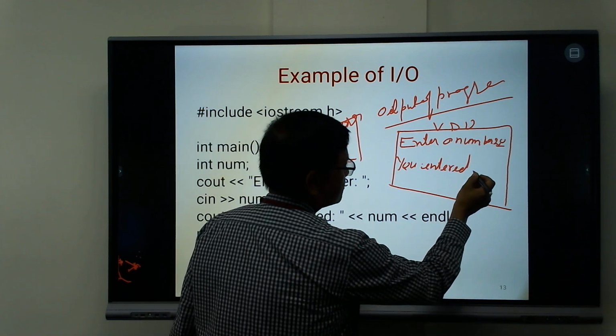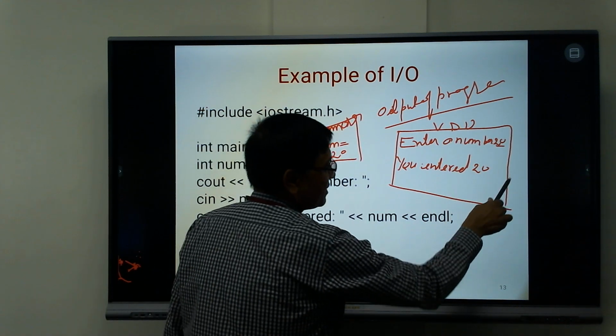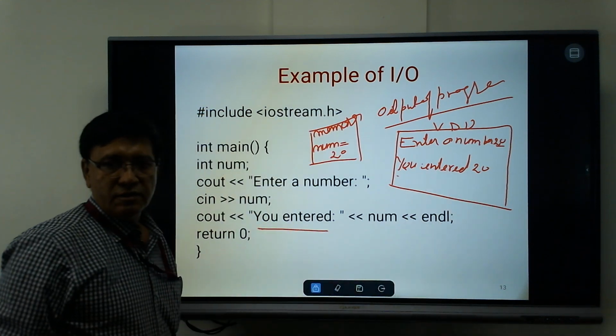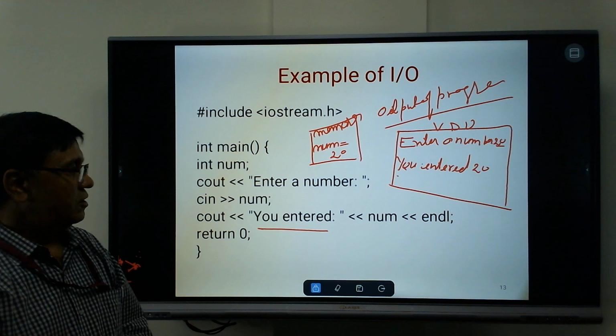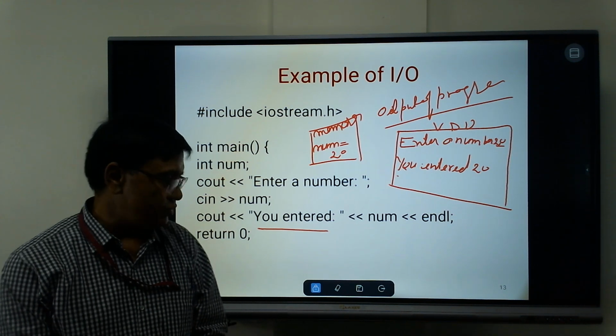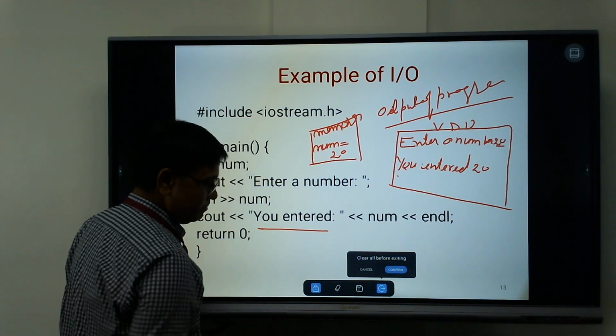This 20 will be displayed. And then endl will bring the cursor to the next line. This is the way of a simple output statement and input statement you are using in this simple small C++ program.